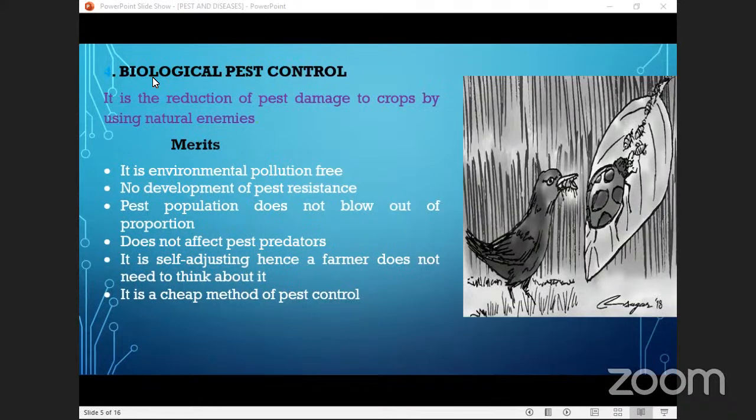Their population is maintained. The other advantage is it is self-adjusting, hence a farmer does not need to think about it.